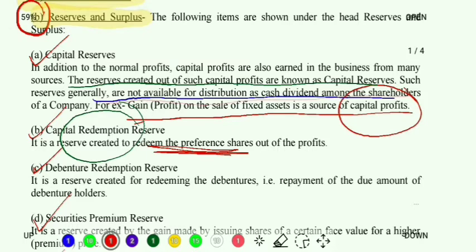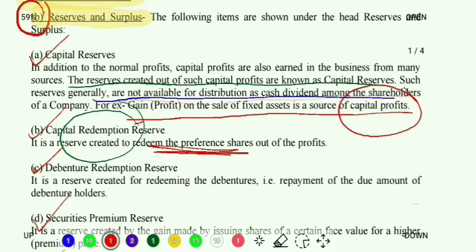But now I am redeeming my preference shares, meaning I am paying for my preference shares and taking them back. In order to redeem them, I need some money, some reserve. This reserve is called capital redemption reserve. It is created so that we can redeem our preference shares from our profits.